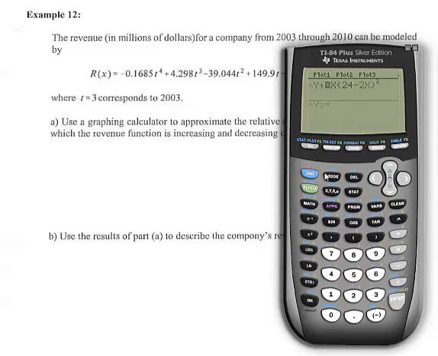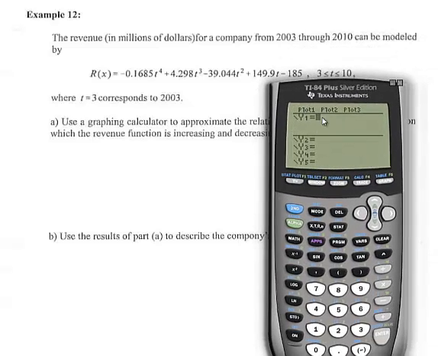So we'll call our calculator back in. We'll walk through R of x.